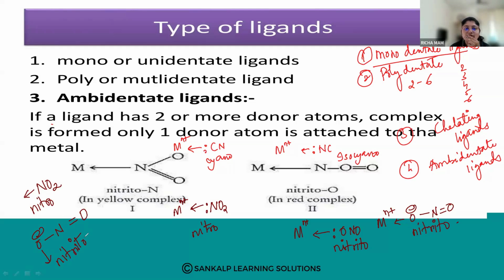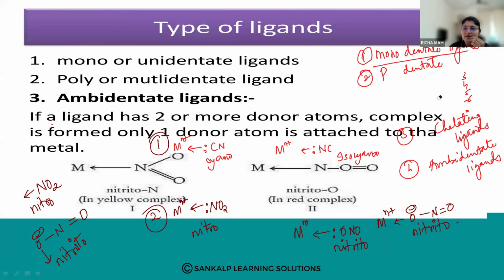These are amphidentate ligands. A ligand which contains more than one donor atom but coordinates with the central metal ion using only one donor atom is called an amphidentate ligand. Is it clear? We have seen one example of cyano and one example of nitro.